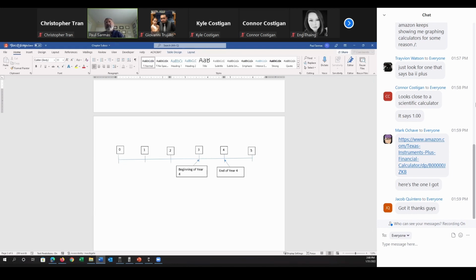Nobody is saying anything? Let me go back to Canvas. If you are on Canvas, you can go to where it says Files, In-Class Examples. You should be able to see chapter 5. If you do, download it.